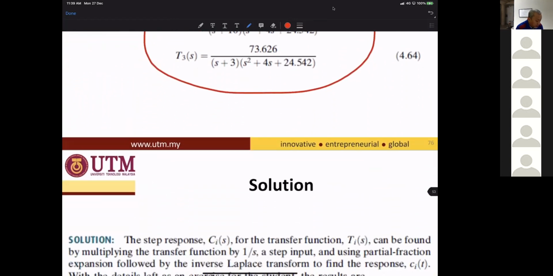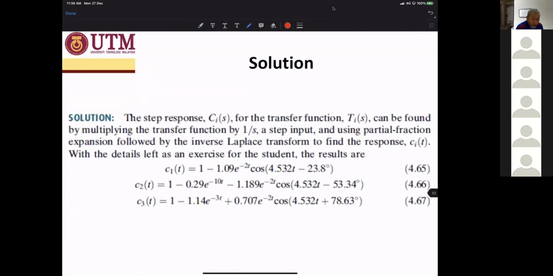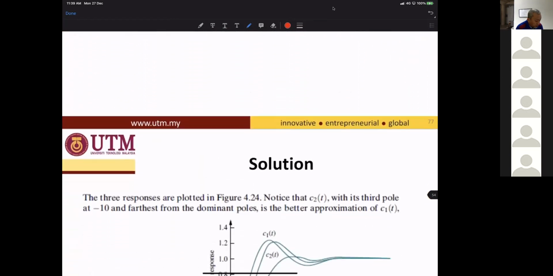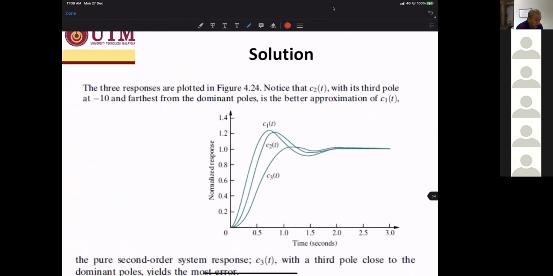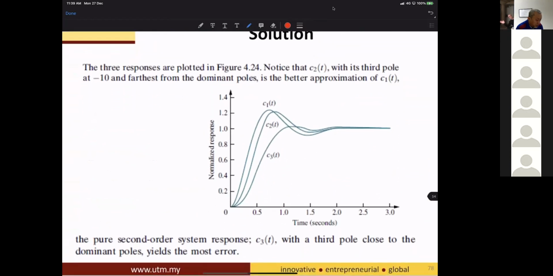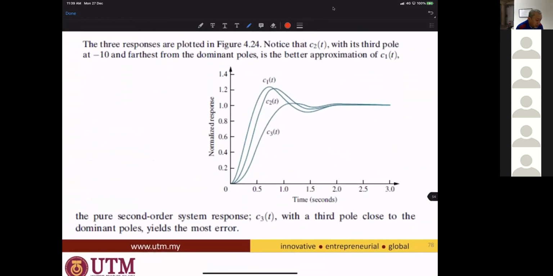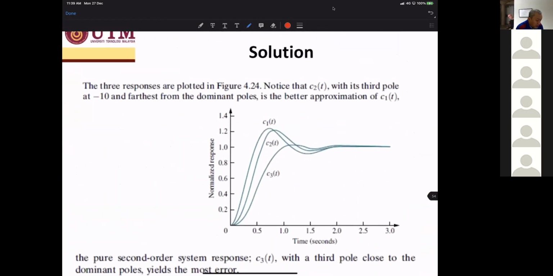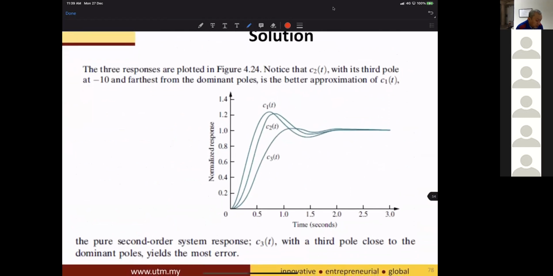So you have to find the time response, and then you can see that if the third pole is near to the imaginary axis, it is considered as a third order system.